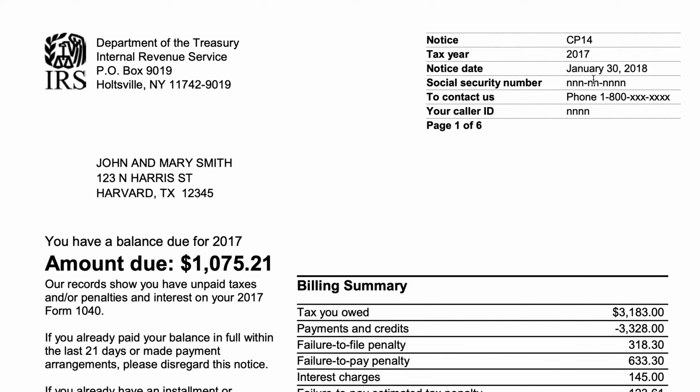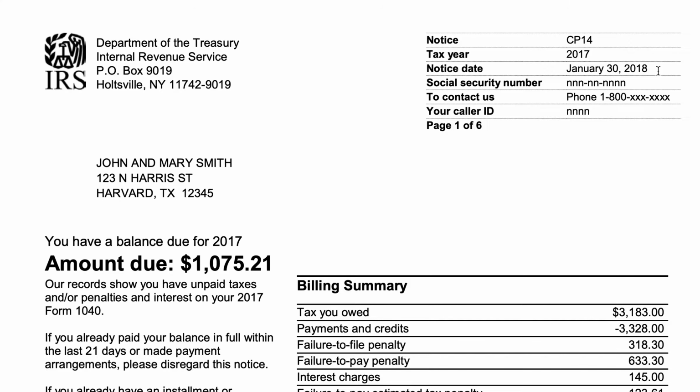The other information that I think is important here is the notice date, specifically because over the course of any correspondence or series of back and forth with the IRS, the IRS usually uses a notice date in its documentation when preparing a case against a taxpayer.